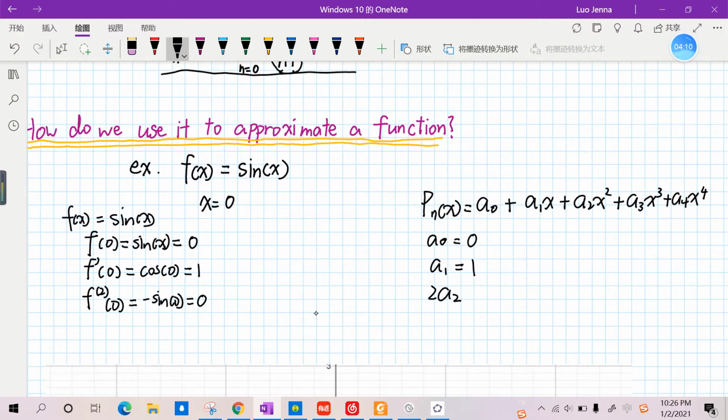Because when we take the first derivative, this term equals 2a2x. And then when we take another derivative, x is gone, so we are left with 2a2. And this equals 0. So a2 is 0, or we can write it in the form like this.